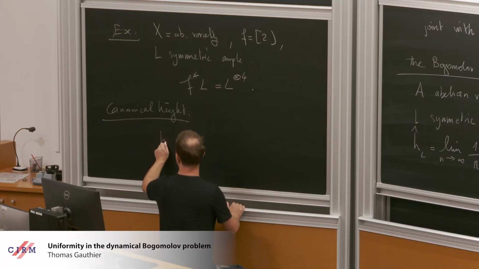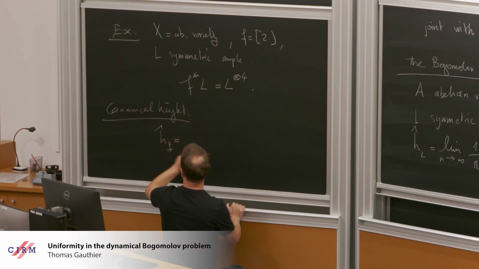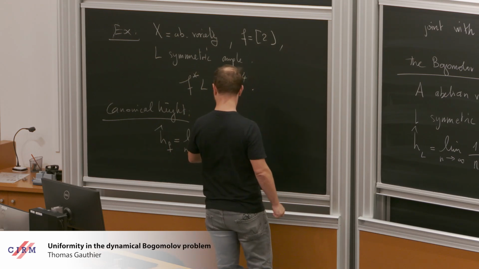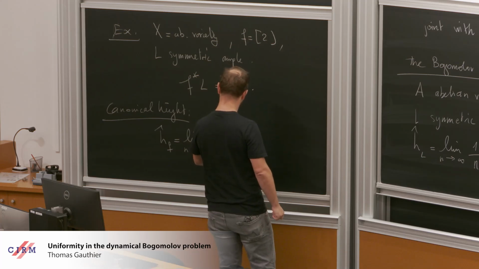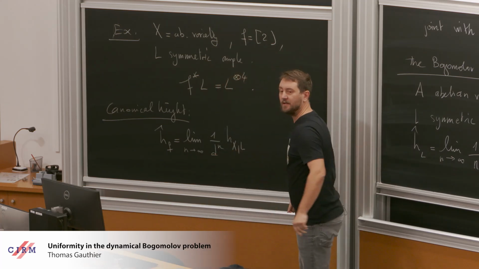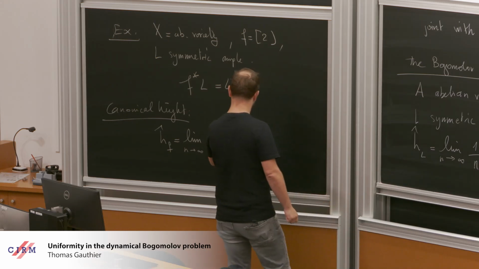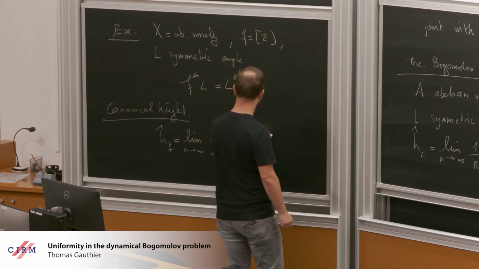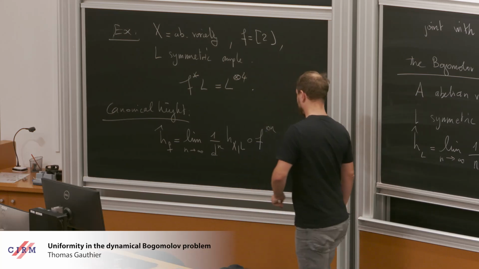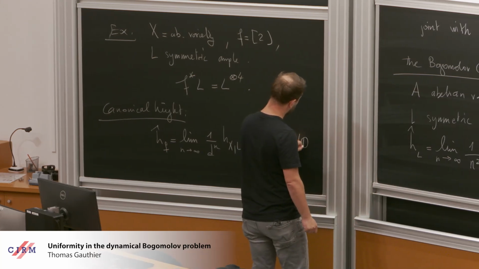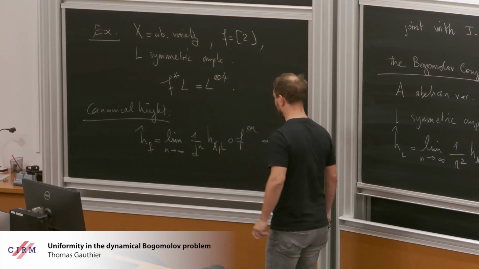This is a height which is the limit as n tends to infinity of 1 over d to the n times a Weil height associated to your ample line bundle, where you plug in F iterated n times. And this is on X of Q bar that you have your height.